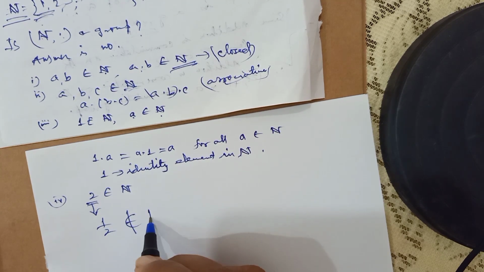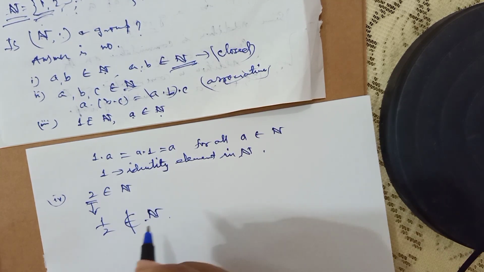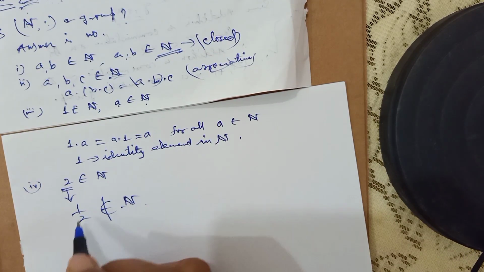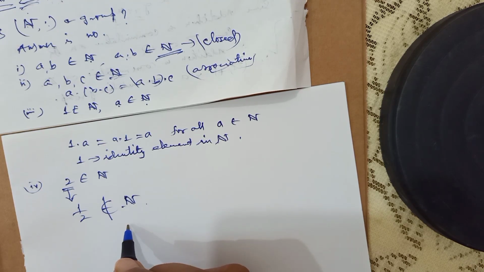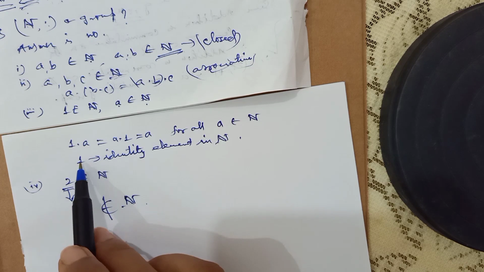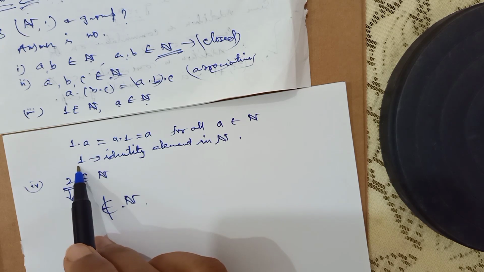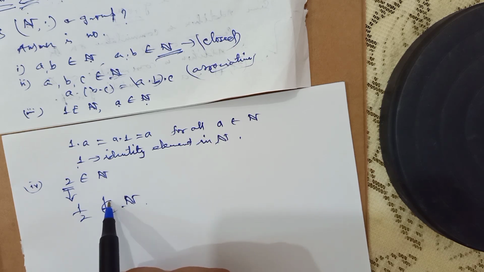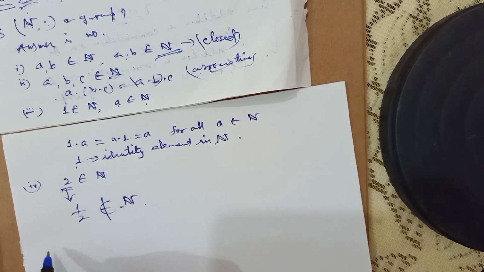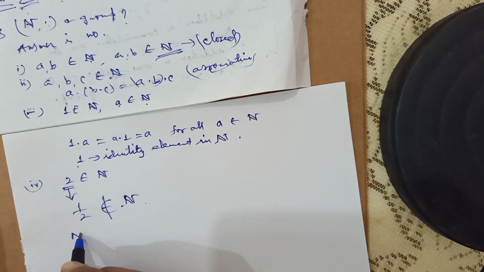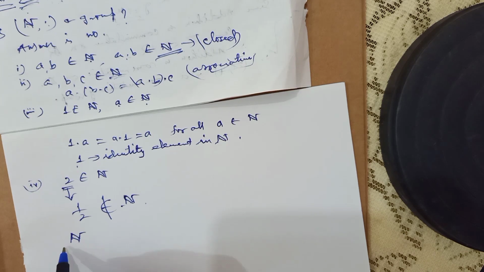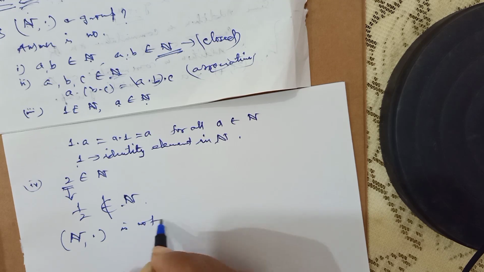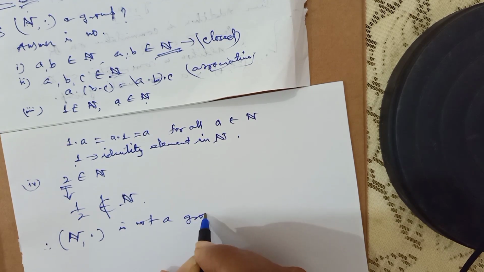Half does not belong to N. So from here we can say that the inverse of no element other than 1 in N exists in capital N. So we can say that the set of natural numbers N with respect to dot is not a group.